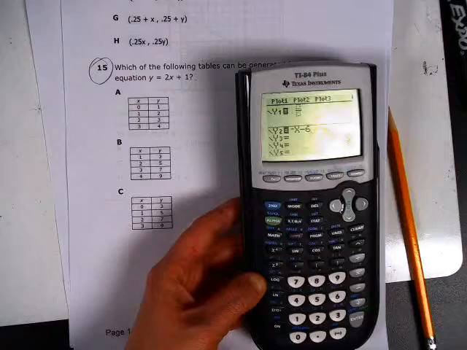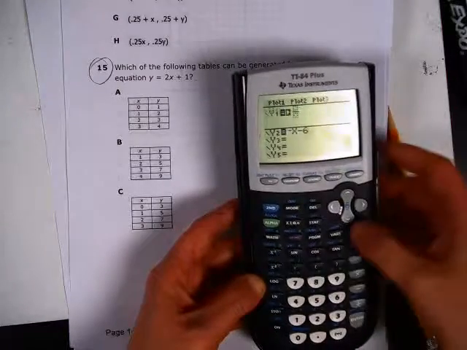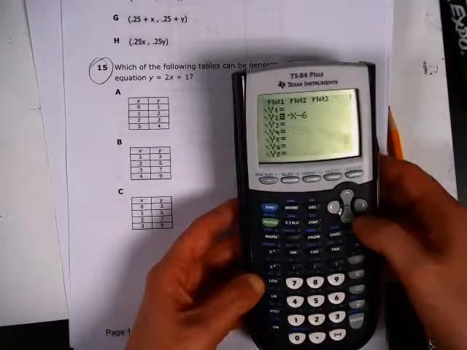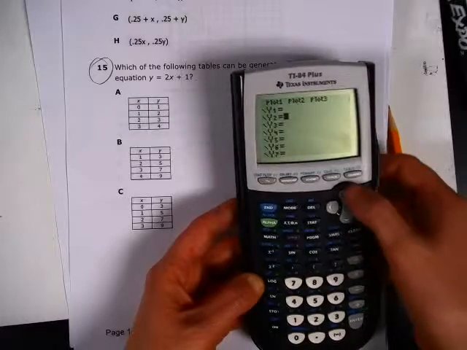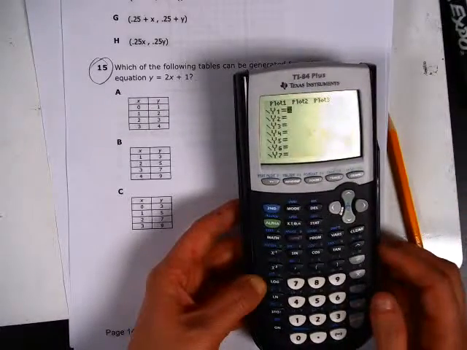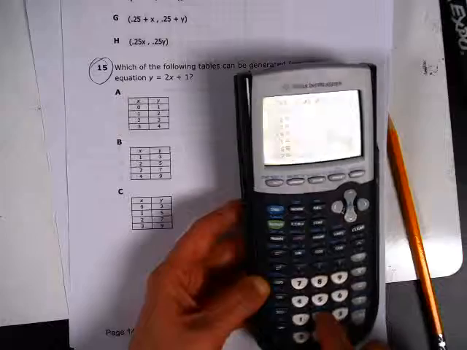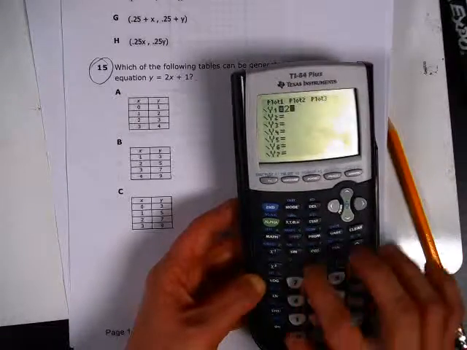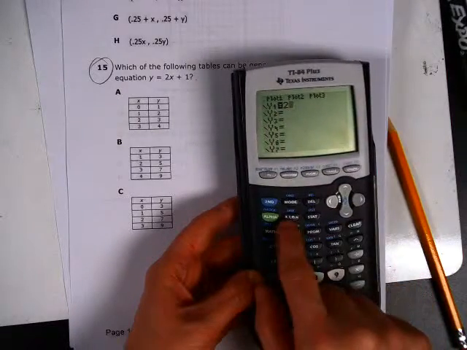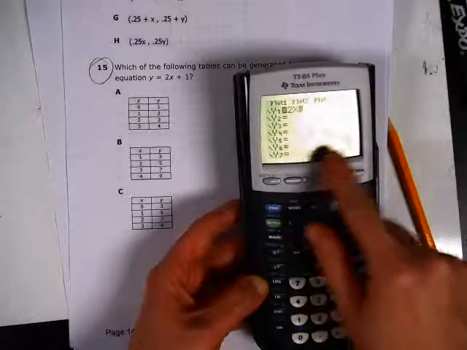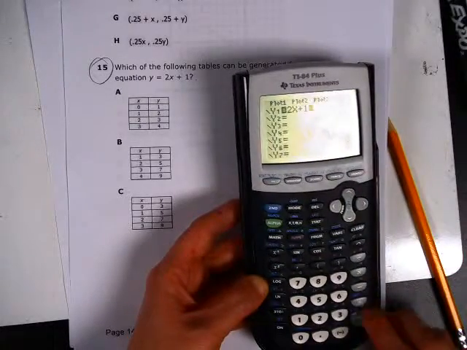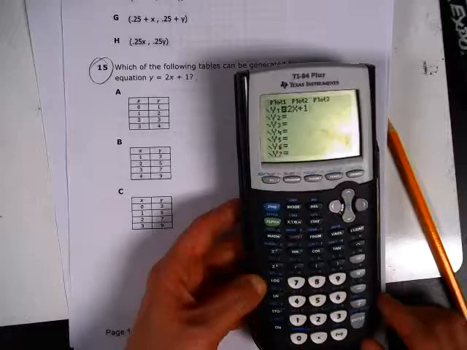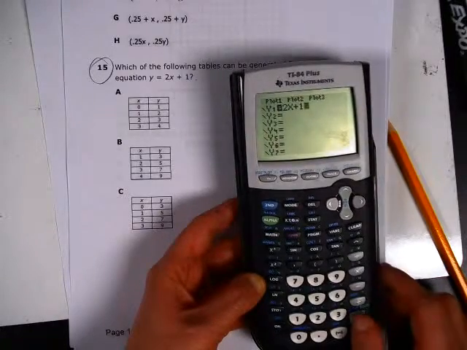Well, if you put y equals in here, and you clear out all the rest of this junk, if you go up to y equals, and you type in exactly what it says, using the x, see the x right here, using 2x plus 1, there's my equation right there.